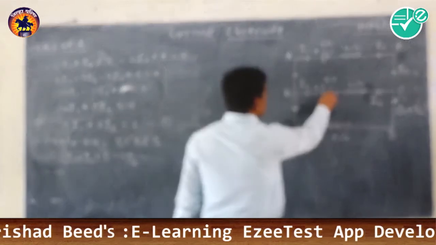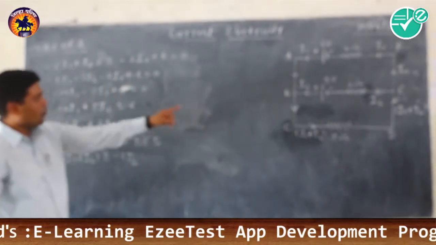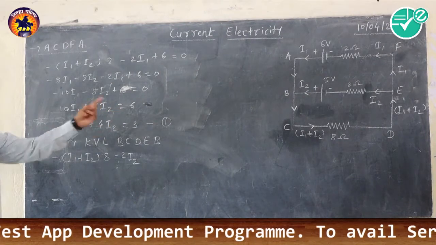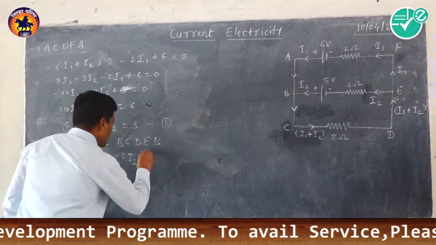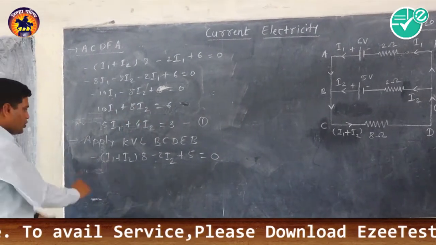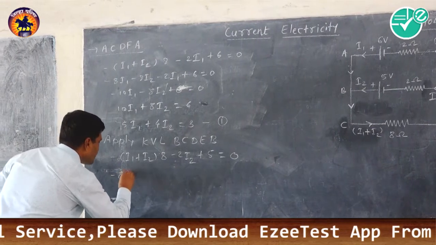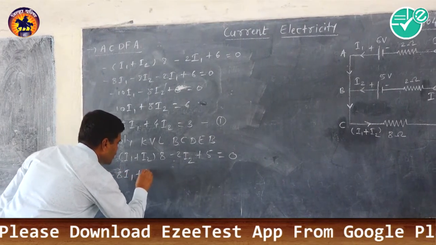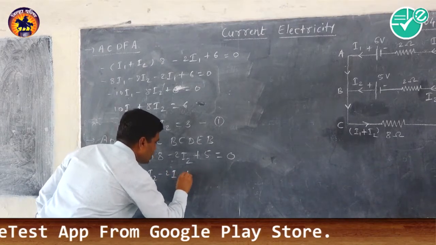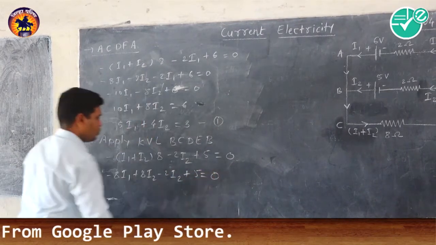Here, as we come towards this EMF, we are moving from the negative terminal of the battery to the positive terminal of the battery. Therefore, the EMF will be taken as positive, and it is equal to 0. Just rearrange the terms: minus 8I1 plus 8I2 minus 2I2 plus 5 is equal to 0.